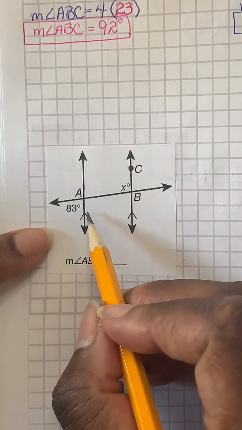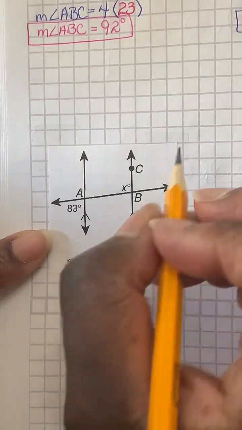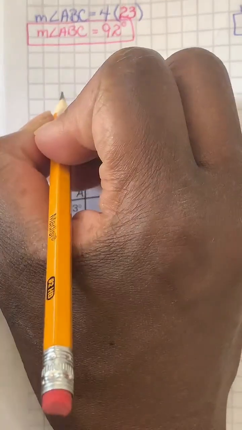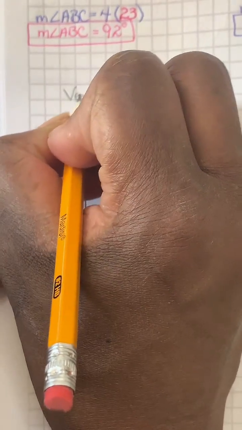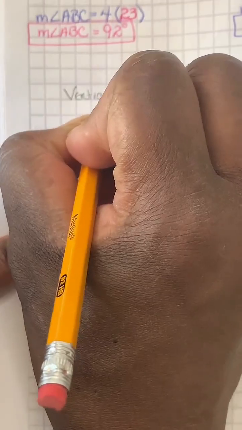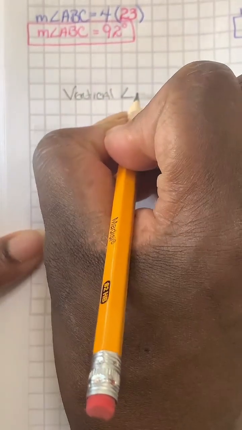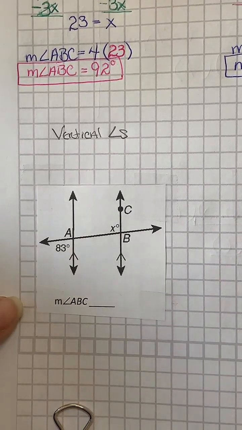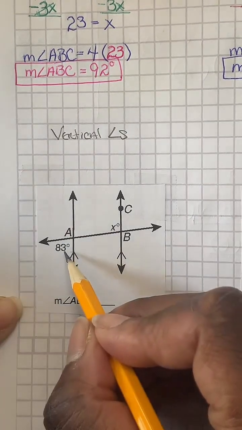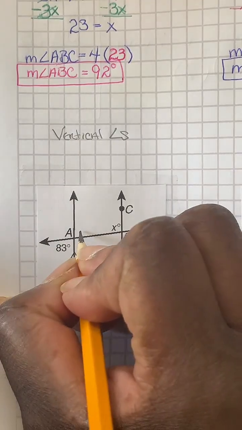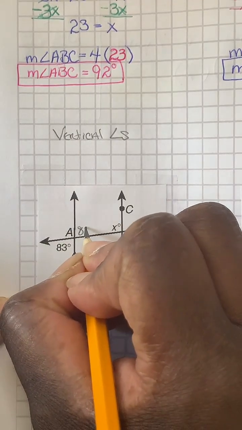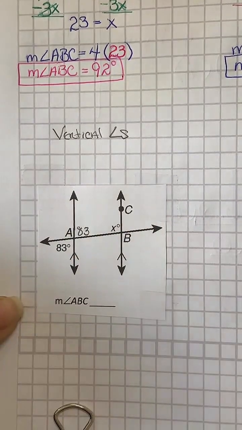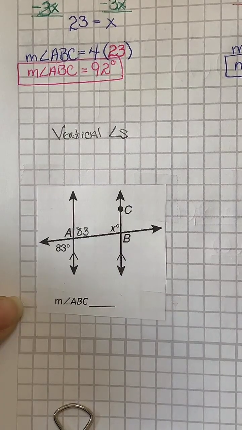Looking at the terminology that we were working on earlier, we can look at vertical angles. Vertical angles is one option. If this is 83, that means this is also 83.